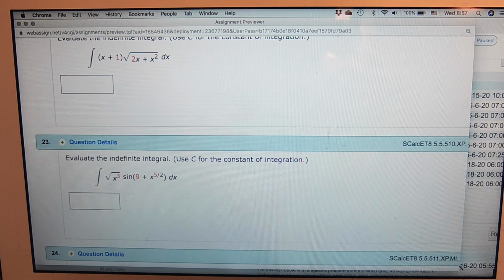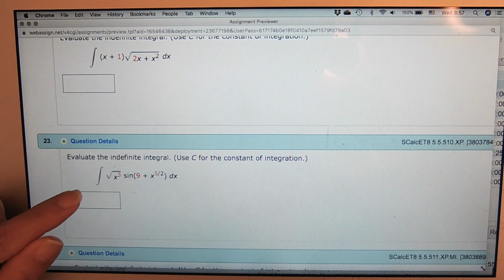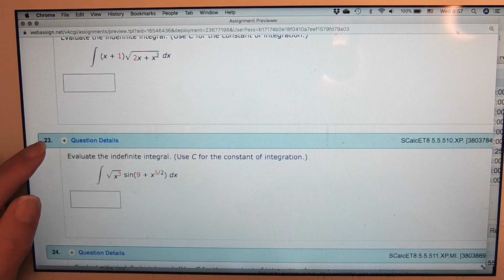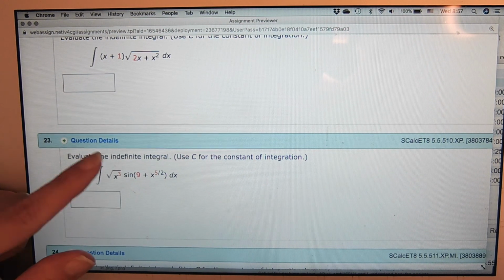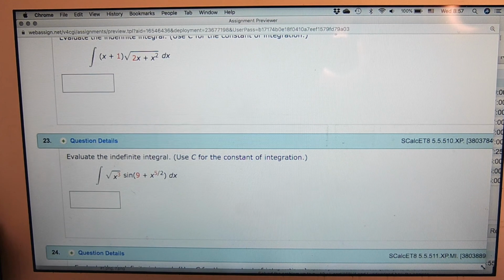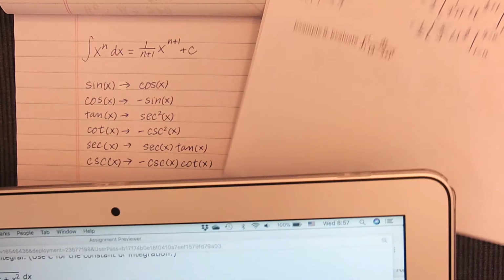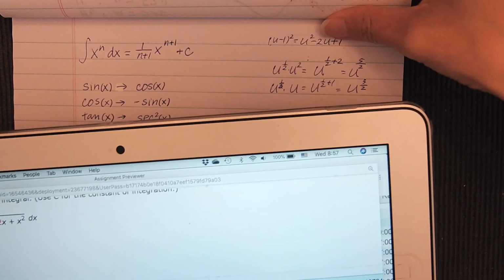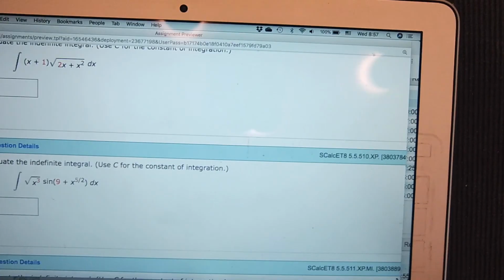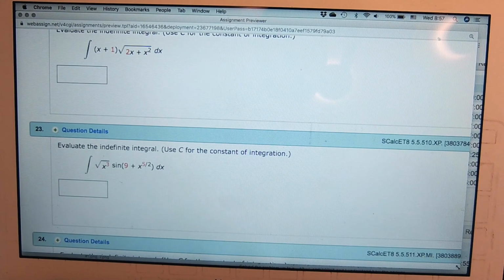You should know the back u sub, so we can do a couple more examples here. This is practice exam number 23. Copy that question. Everybody copy that one.